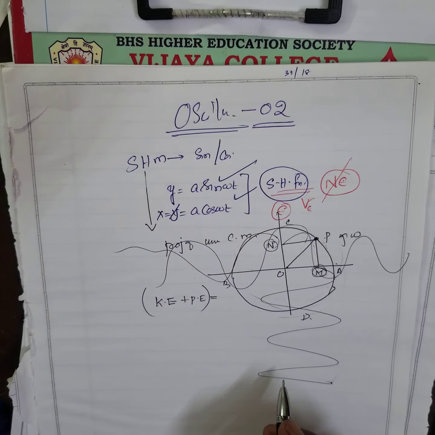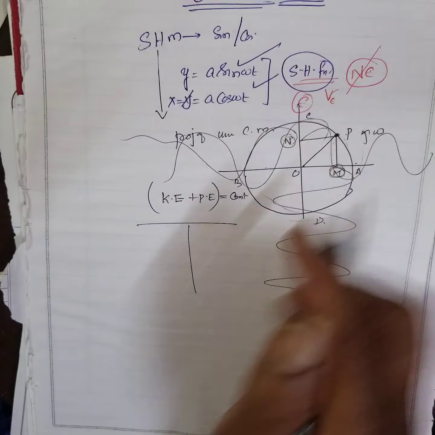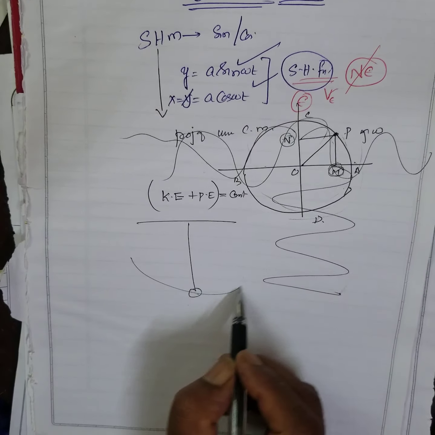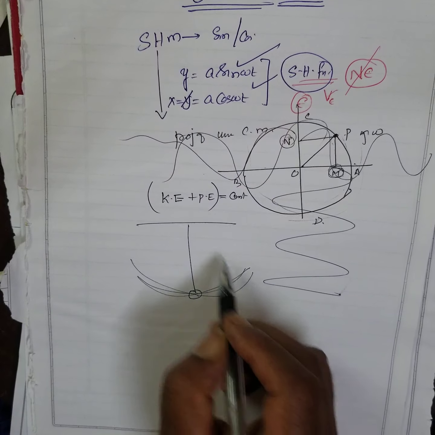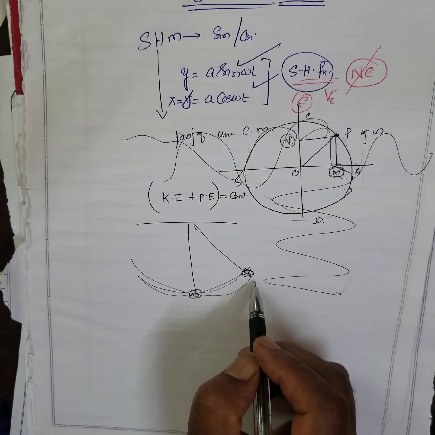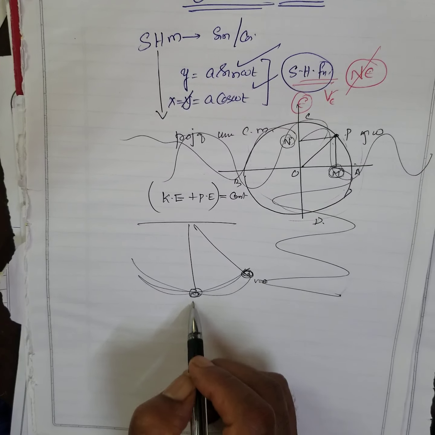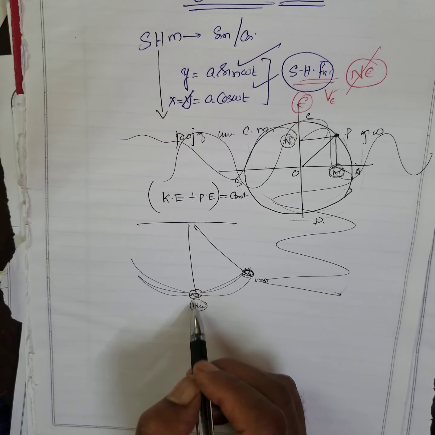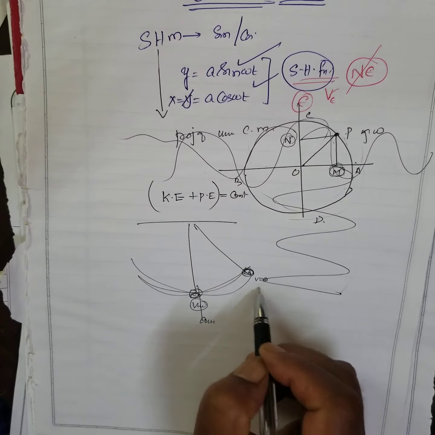I gave an example of the motion of the simple pendulum, right? Here potential energy is maximum, here kinetic energy is maximum, here velocity is equal to 0, here velocity is maximum, and so on. Here acceleration is maximum, here acceleration is 0. Acceleration is always directed towards the mean position. We did this also last time.